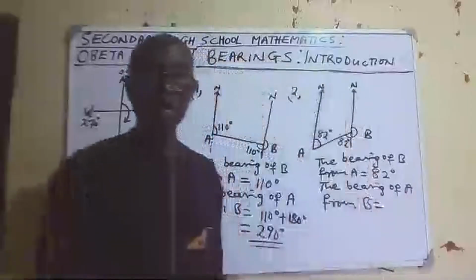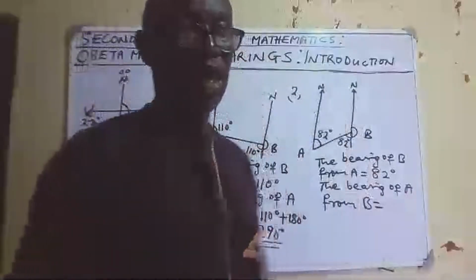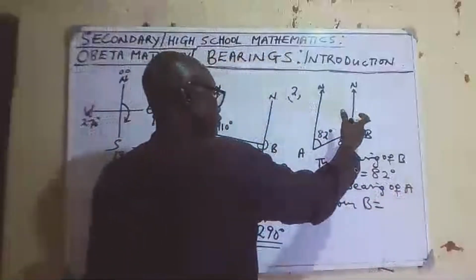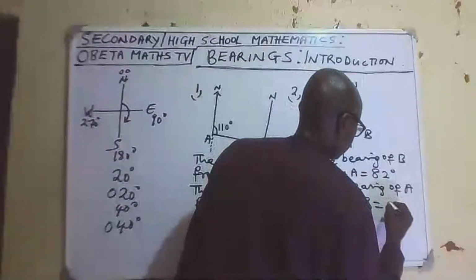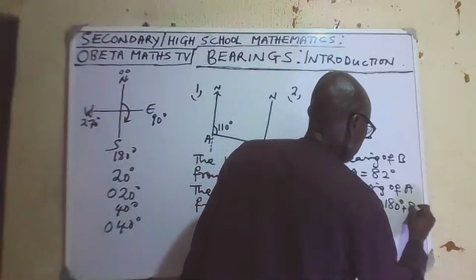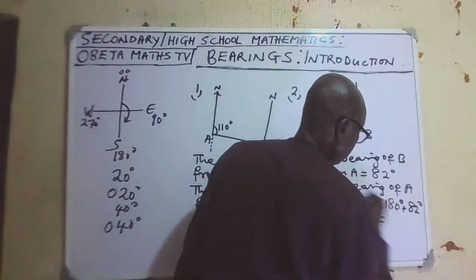So alternate angles, I said earlier, are equal. So the bearing of A from B, you measure from B, and that is 180 degrees plus 82 degrees.